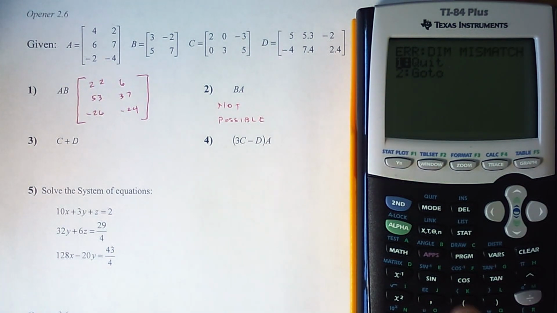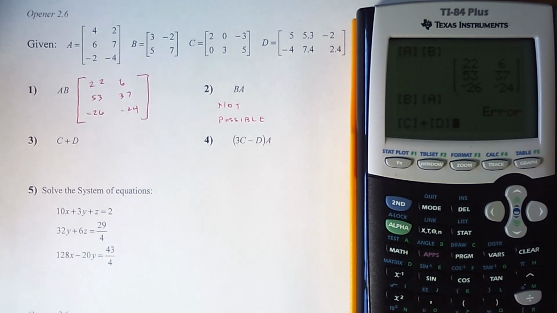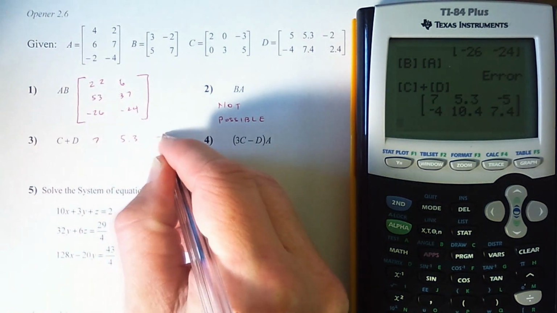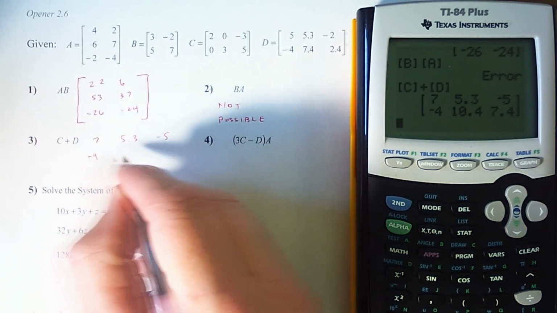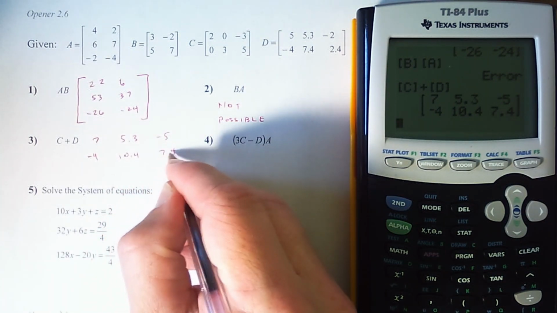Then it's matrix C plus matrix D, second matrix C, better clear that out first, second matrix C plus second matrix D, 7, 5.3, negative 5, negative 4, 10.4, 7.4.